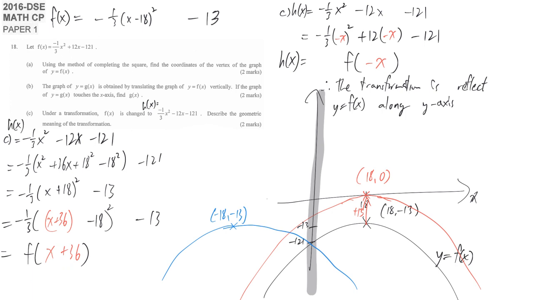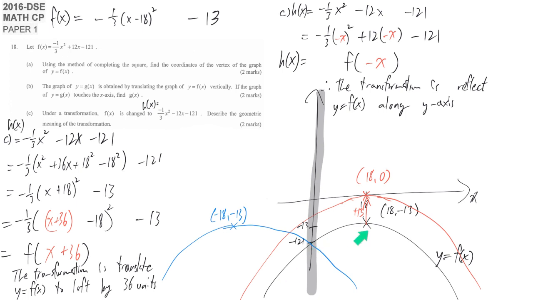So another conclusion is the transformation is translate y equal to f(x) to the left-hand side by 36 units.